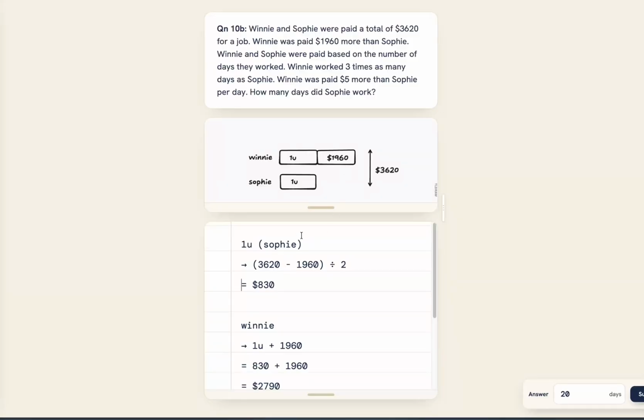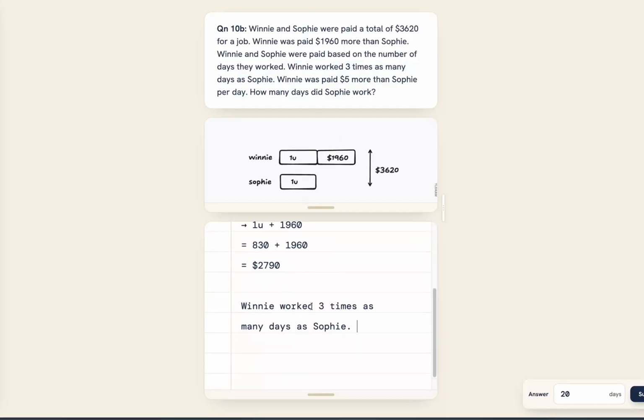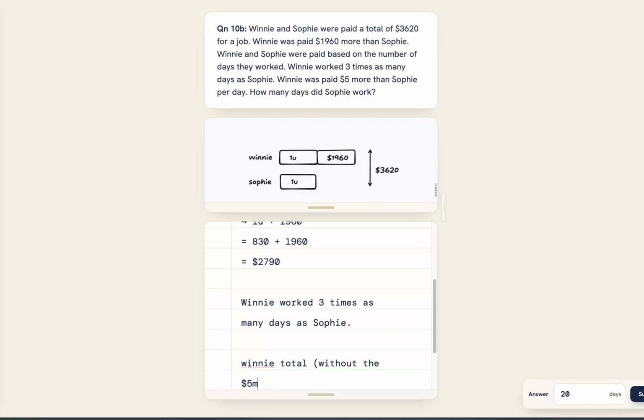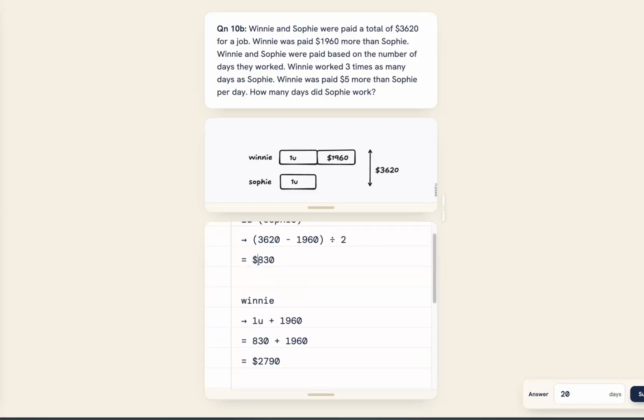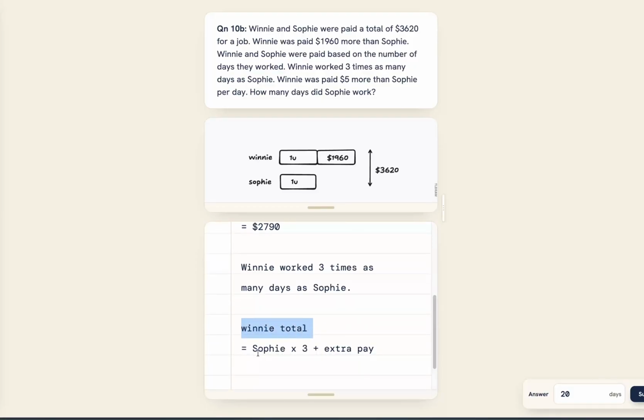All right, so we know that Sophie is $830. And from here, Winnie worked 3 times as many days as Sophie. So that means Winnie's total without the $5 more would be equal to 830 times 3. In this sense, Winnie's total is basically Sophie times 3 plus extra pay.